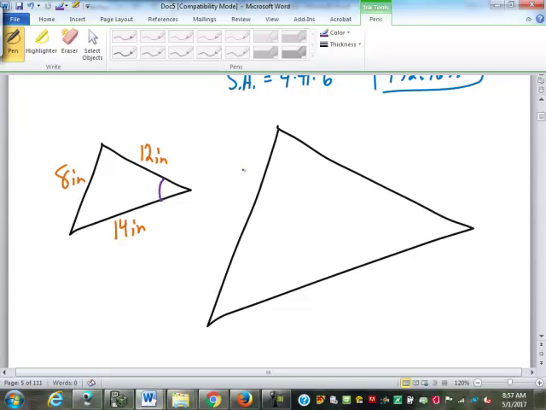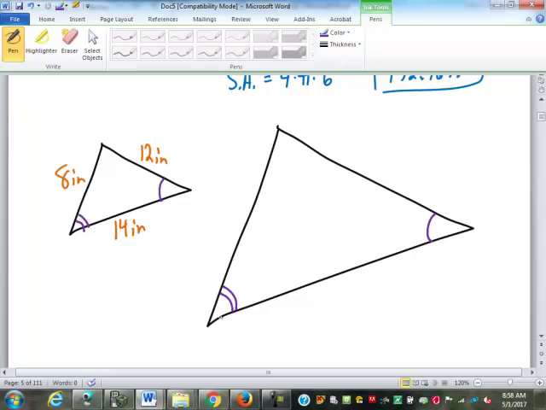If I tell you that this angle and this angle are the same, and if I tell you this angle and this angle are the same, the third angle then has to be the same, because remember, a triangle has to add up to 180. So the third angle is already determined once you know the first two. So that tells us that these two triangles are sitting in the same orientation.